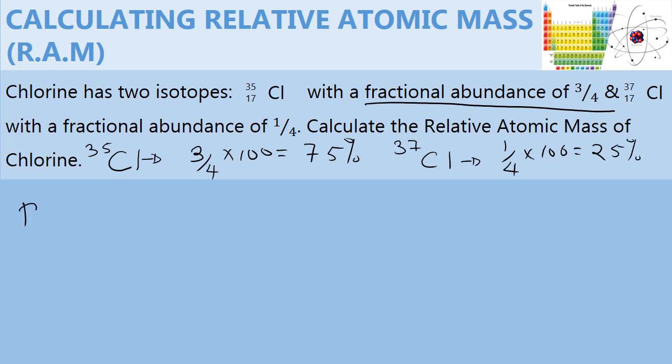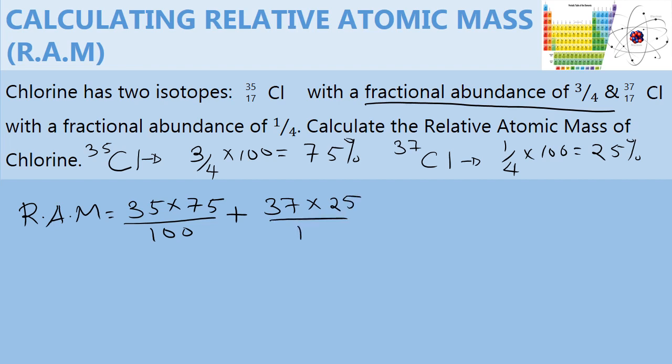Therefore, now we can easily calculate the relative atomic mass as follows. Chlorine 35 has a mass of 35, multiply by 75, divide by 100. Then we add chlorine 37 multiplied by 25 over 100.